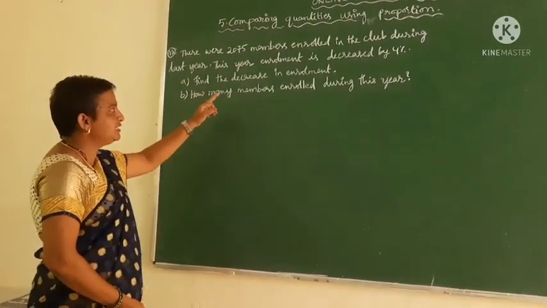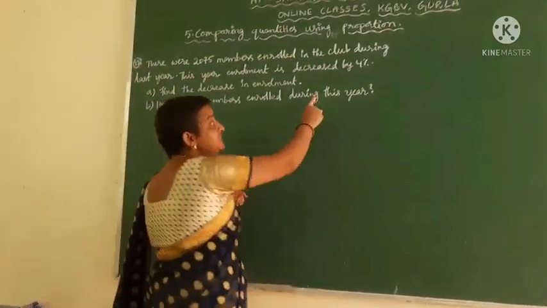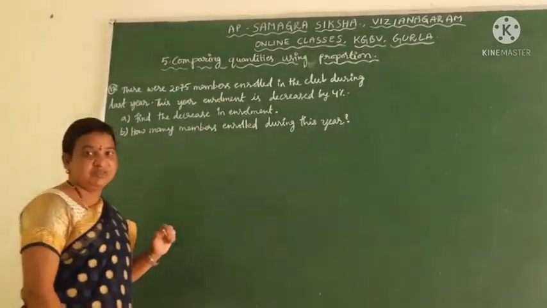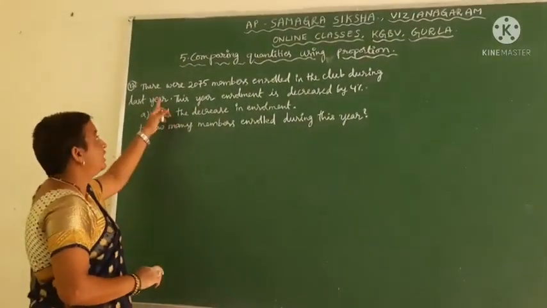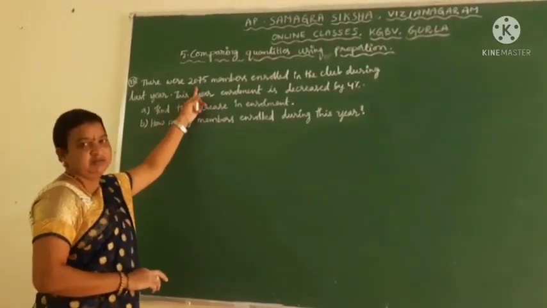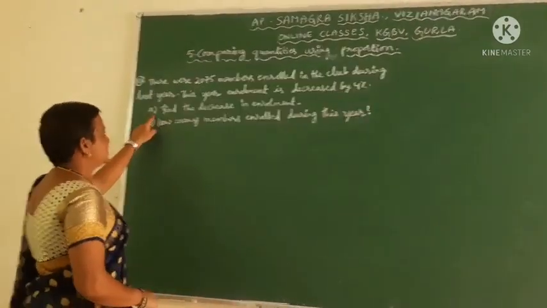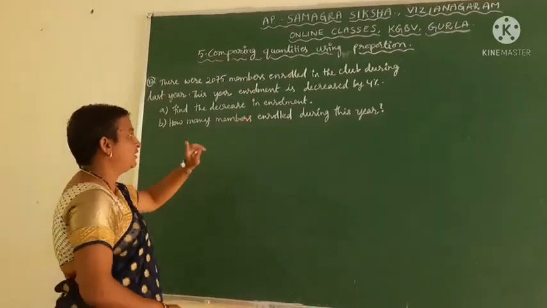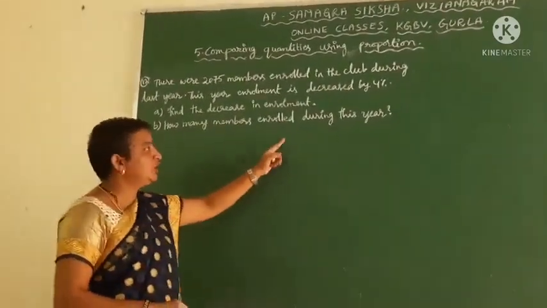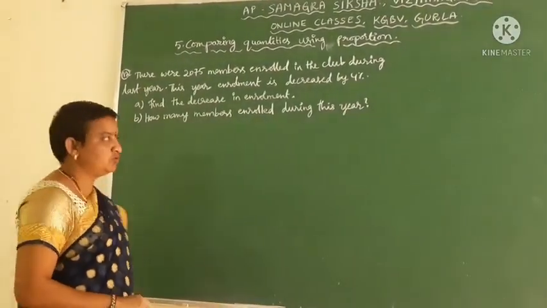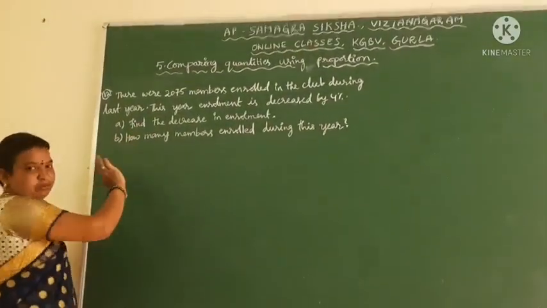This year, enrollment decreased by 4% of the previous year. Now, first, find the decrease in enrollment. Second, how many members enrolled during this year? So we have to find these two.